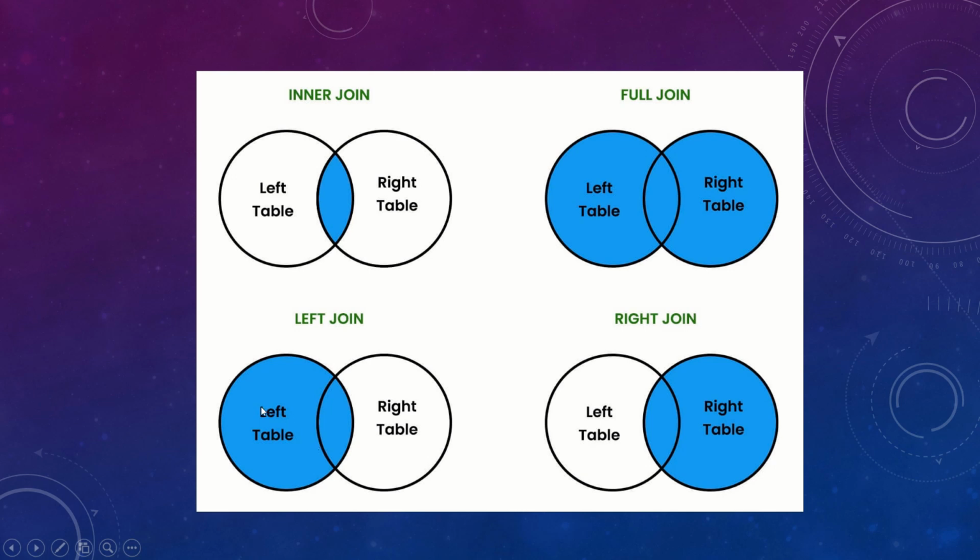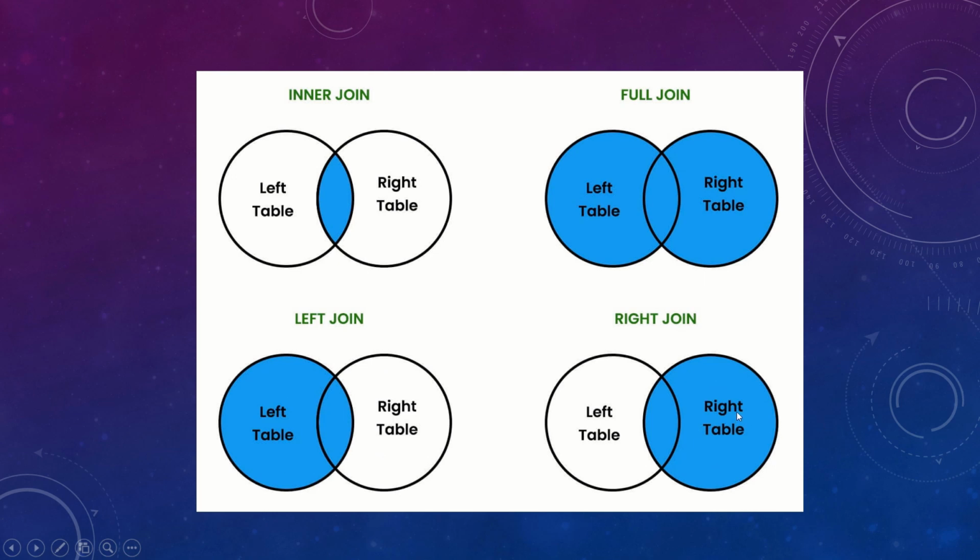Whichever table we list immediately after from will be the first table or left table. And if there are no matches in the right table, the query will return null values for those columns. So this is how we can depict left join.